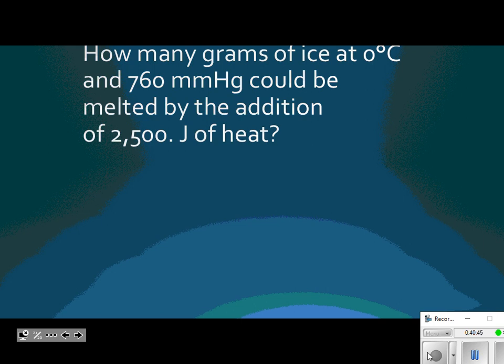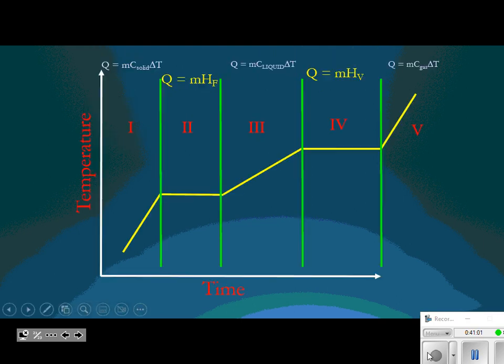Now, as I'm looking at this, what am I doing here? What's happening to the ice? It's melting, right? Well, where here do I have melting occurring? Area 2, right?